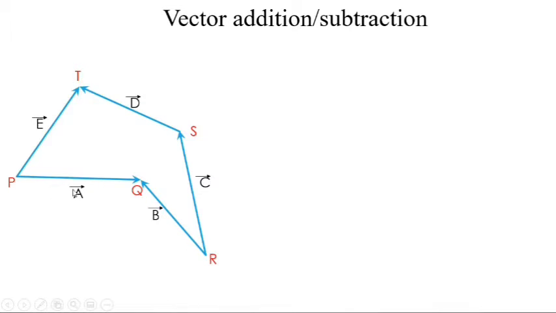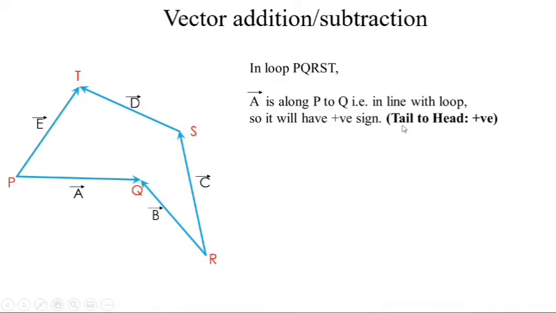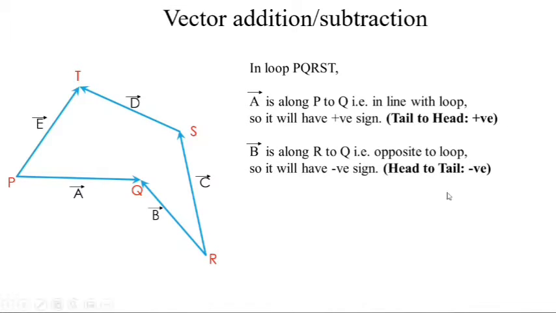So vector A is in the direction of the loop, that is PQ, and QR is in the opposite direction of the loop. So this vector will be taken as negative. Vectors which are considered from tail to head are taken as positive, and vector B here is from head to tail, that is why it is a negative vector.